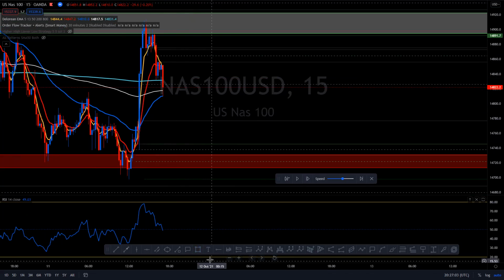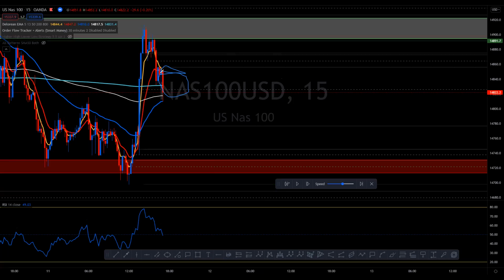But notice that this created an imbalance area here. So the banks are going to have to bring price back to 50% of this area to correct this imbalance, and then sell down. So that's probably what they're going to do.